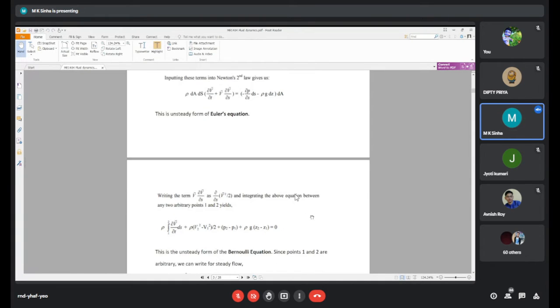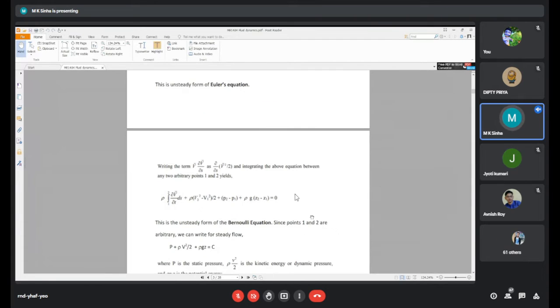Then the equation after integration between the two points is rho del v by del t into ds, plus rho (v2 squared minus v1 squared) by 2, plus p2 minus p1, plus rho g (z2 minus z1).